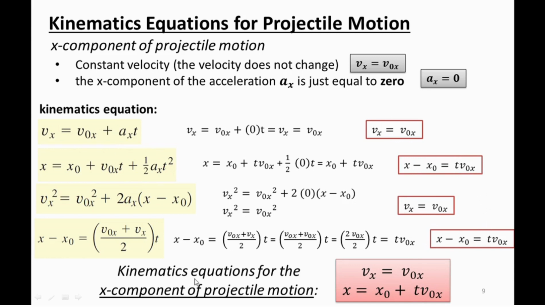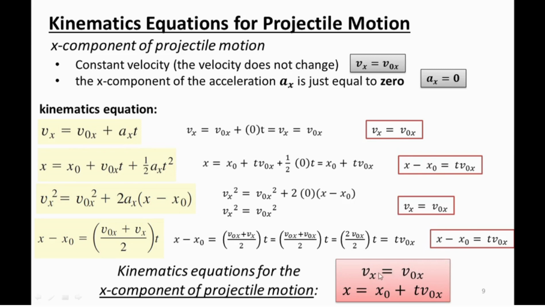So the kinematics equations for the horizontal component, or the x component, of the projectile motion can be described by 2 equations only, as you can see here. First, this equation tells us that the final and the initial horizontal velocities are just the same, or in other words, the horizontal velocity of the projectile motion is constant.